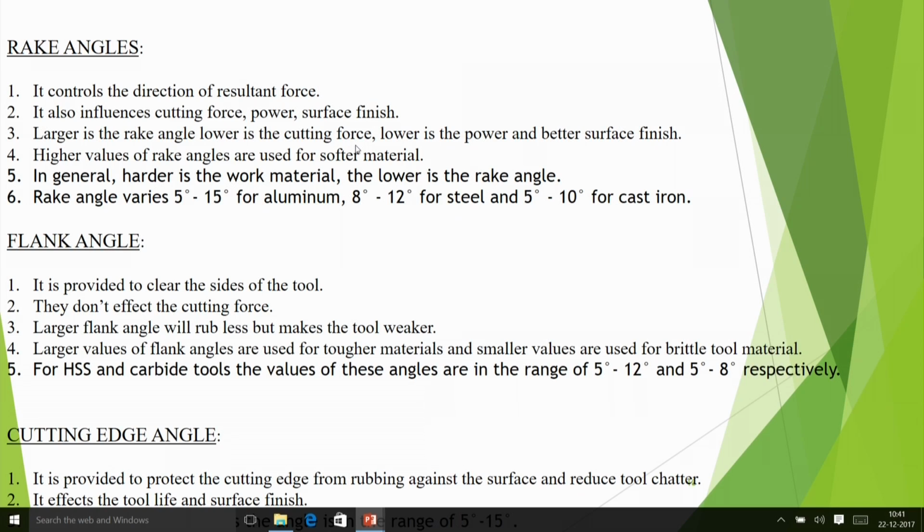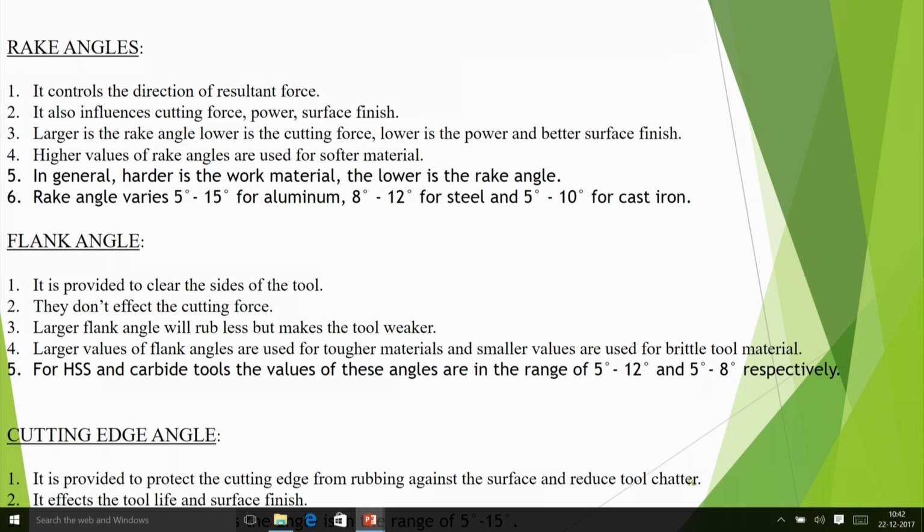In general, higher is the rake angle, lower is the cutting force. That means if you increase the rake angle, your cutting force decreases. Accordingly, the power also decreases. Surface finish improves. That means if you give more amount of rake angle, chances are that surface finish will be better. So larger is the rake angle, lower is the cutting force, lower is the power and better surface finish.